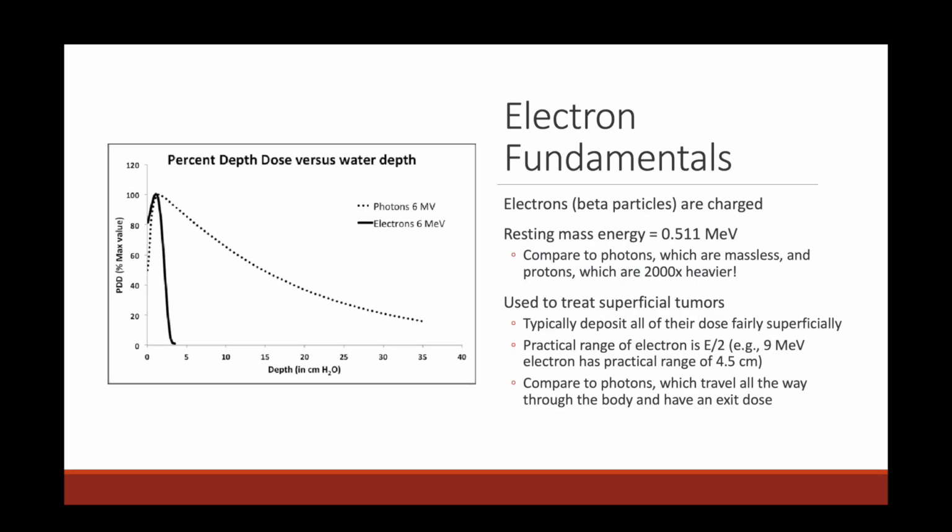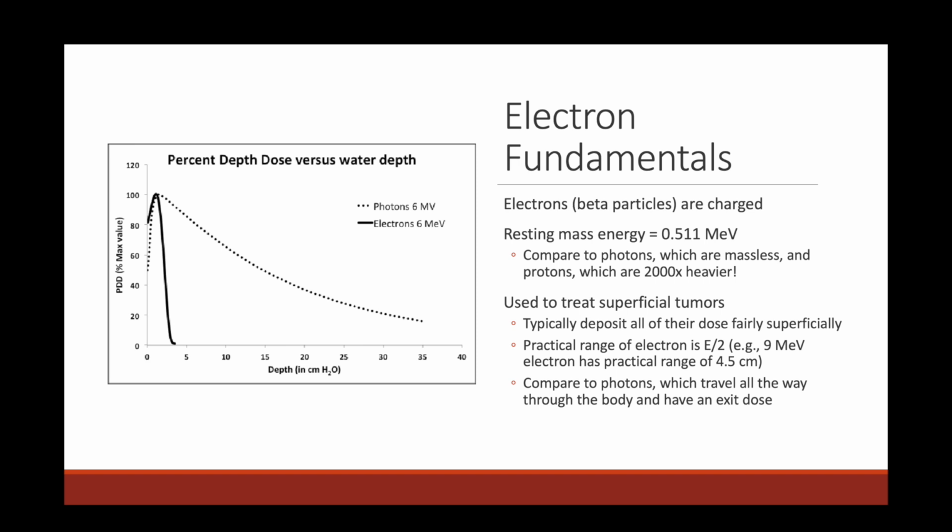Now that we understand how electrons are delivered, let's go back and review what electrons are, so some basic fundamentals. Remember, electrons are also called beta particles, and they are negatively charged particles, so they are considered directly ionizing because they have a charge.